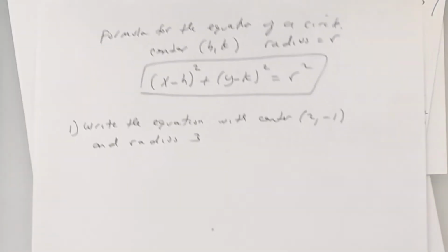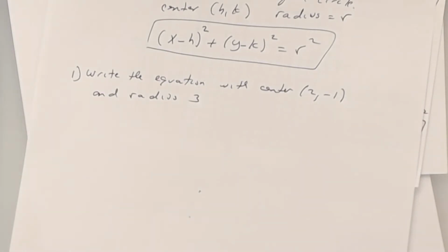Write the equation of a circle with center (2, -1) and radius 3. You have the formula. What's the formula? What does the formula say? Read the formula. What does it say? (x minus h) squared plus (y minus k) squared equals r squared, where h and k are the coordinates of the center.